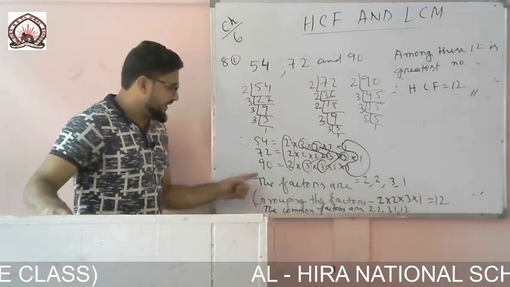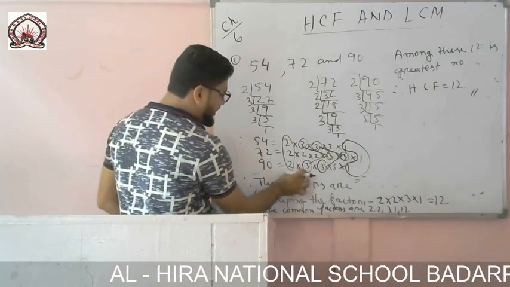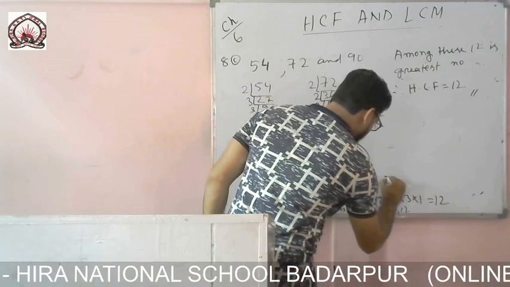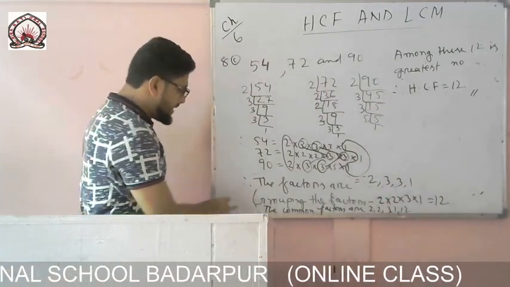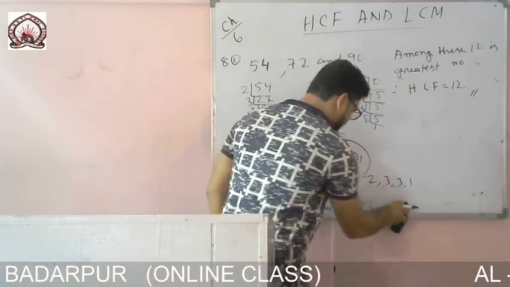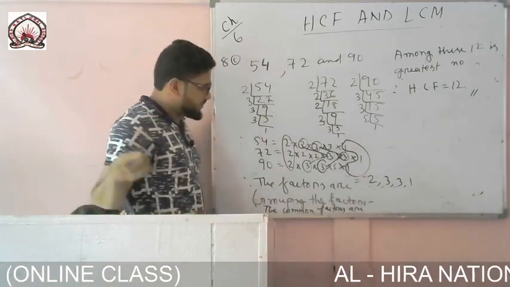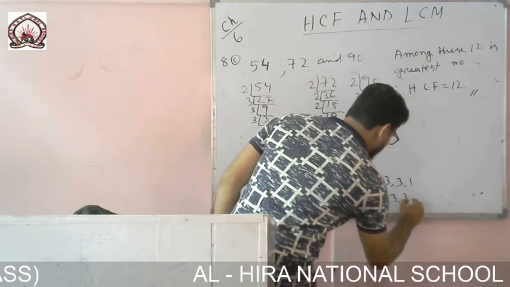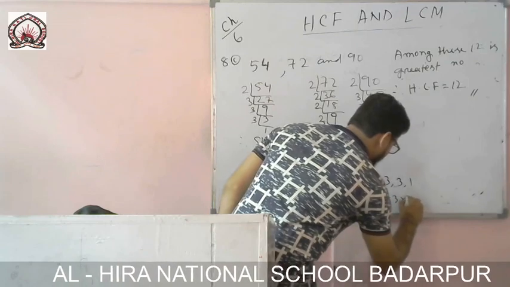So the factors are 2 into 2, 3, 3, 1, 2, 3, 3, 1. Now grouping the factors, what will we get? 2 into 3 into 3 into 1.